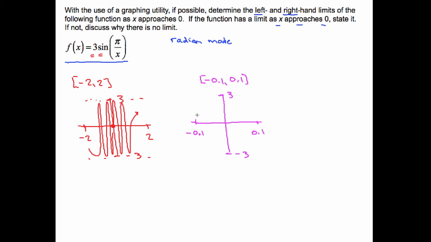But now as I explore the graph, I see the same oscillation. The graph almost seems to be oscillating from -3 to 3 in the same way it did a moment ago.